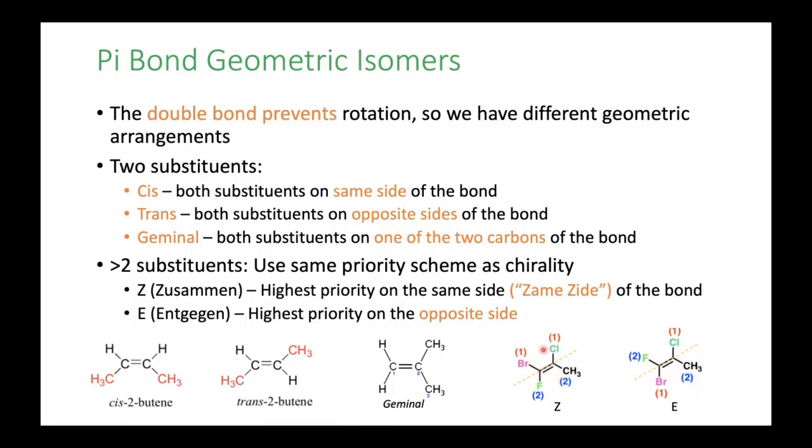If you did draw it vertically, maybe you can see how you can have 1 and 1 on the same side. But if you are saying the same side, you're saying it's on the same half of this double bond, the upper half or the lower half. So I think it's just better to draw your line here, and then make sure that you are ranking based off the same carbon.